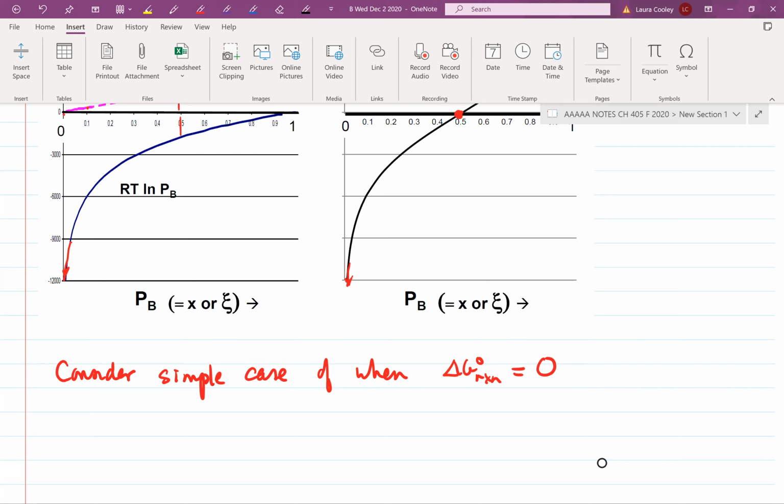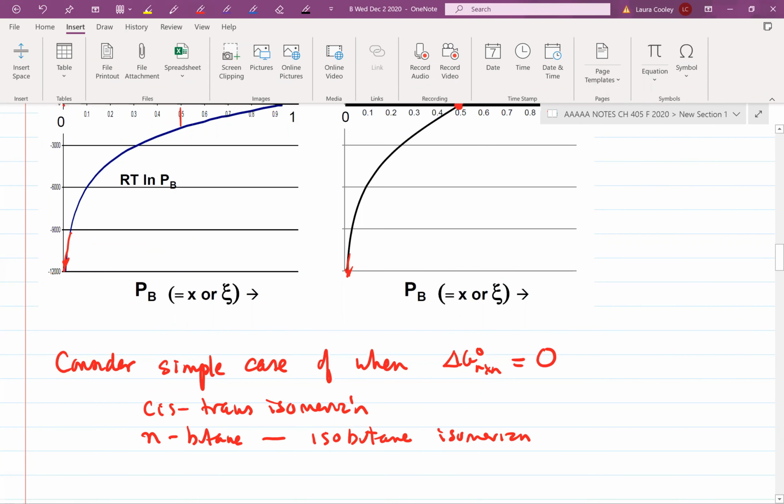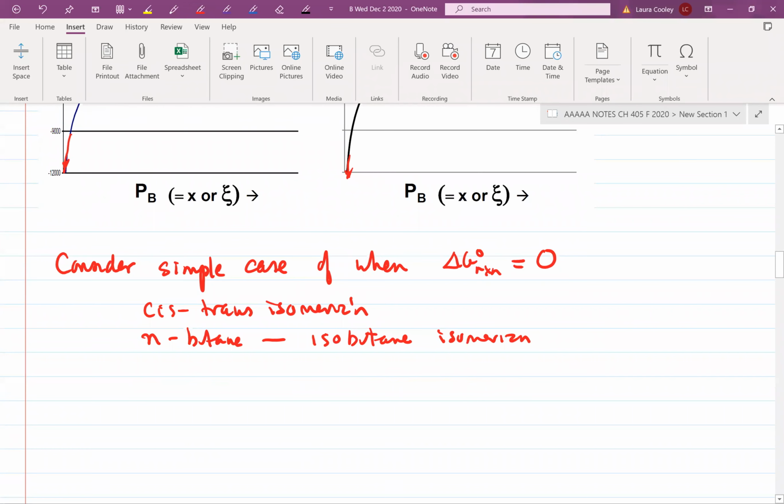That's not really all that unusual. There are some reactions that would have very tiny delta G's of reaction, like a cis-trans isomerization, which doesn't have a huge change in free energy, or maybe an n-butane, isobutane isomerization. There wouldn't be a big delta G0.